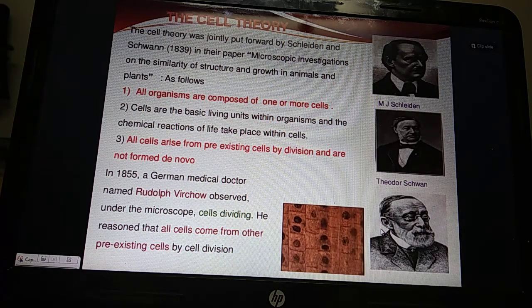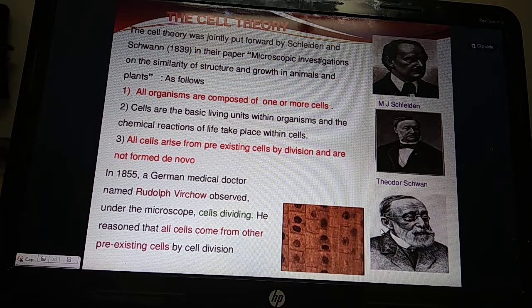So now let us come to the cell theory. Schleiden and Schwann proposed cell theory in their paper Microscopic Investigation on the Similarity of Structure and Growth in Animals and Plants. Schleiden was a German botanist, and Schwann was a British zoologist.